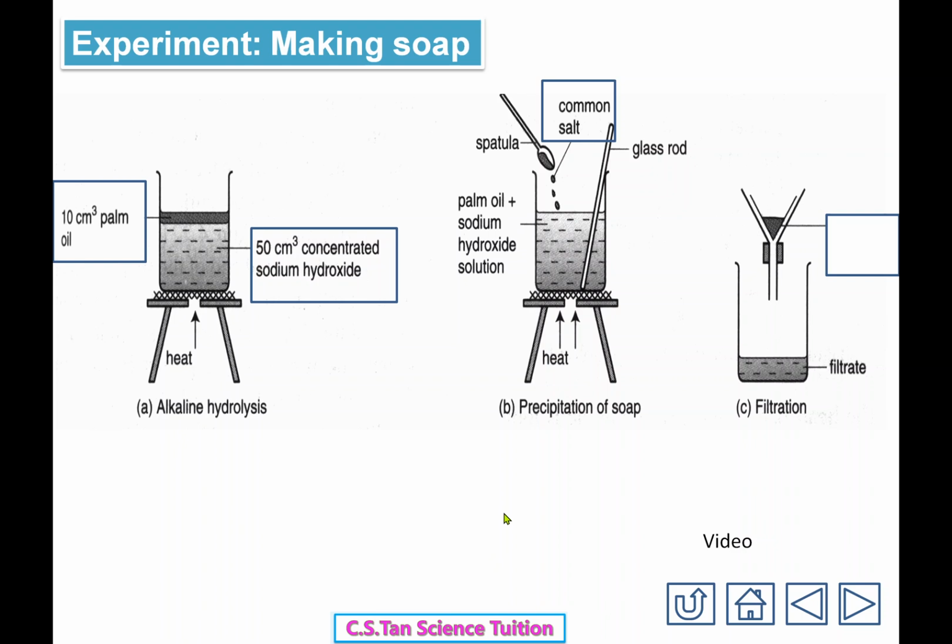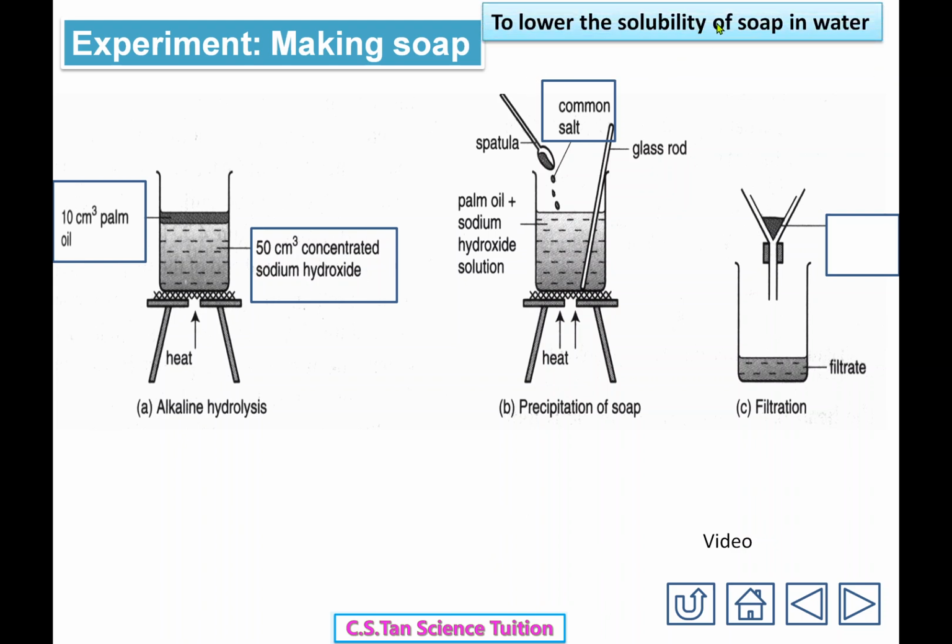So why do you add the common salt? To lower the solubility of the soap in water. Soap actually is a salt that dissolves in water. So after you add the common salt, it lowers the solubility of the soap in water. Or when the soap cannot dissolve into the water anymore, it forms the solid precipitate.